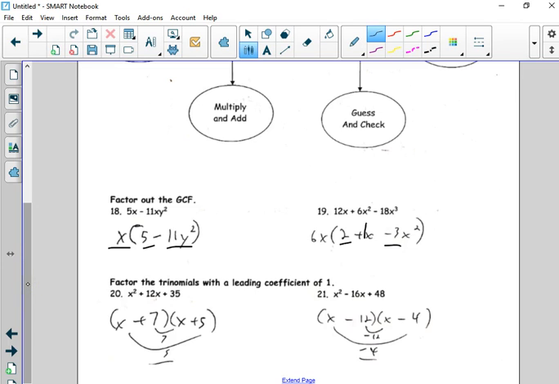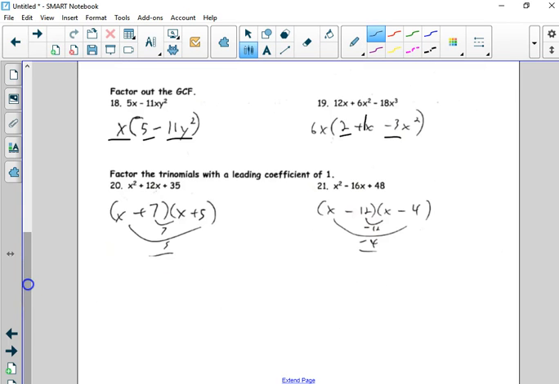Okay, when the coefficient is 1, this is pretty easy because the first number is prime. 1. Just 1. And in the first case, here and here we have a composite number, but it's just a little guess and check. So I need numbers that give me 35 by multiplication that add up to positive 12. Remember, if this is positive, it tells you they're the same.